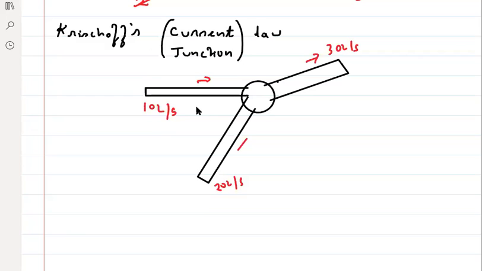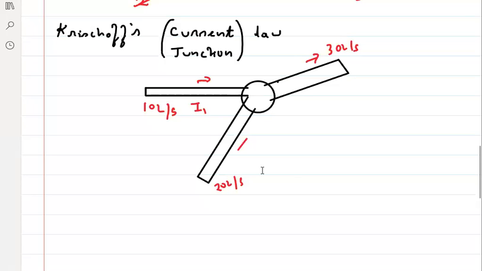So can I say that, suppose this is I1, this is I2, and this is I3. So I can say that I1 plus I2 plus I3 should be equal to 0.